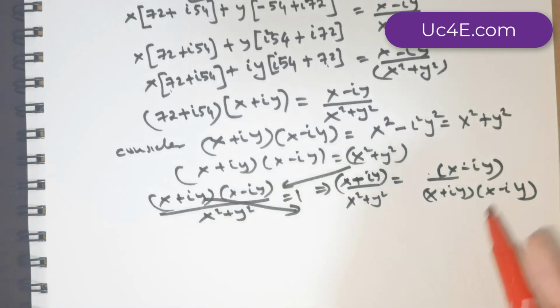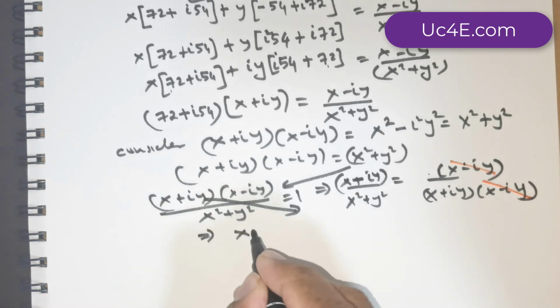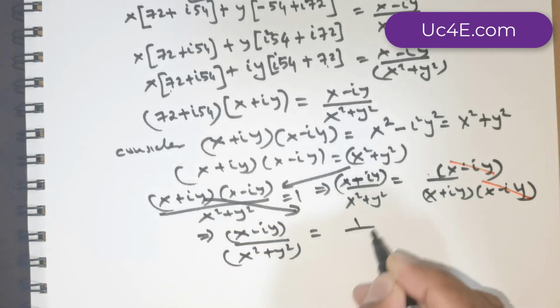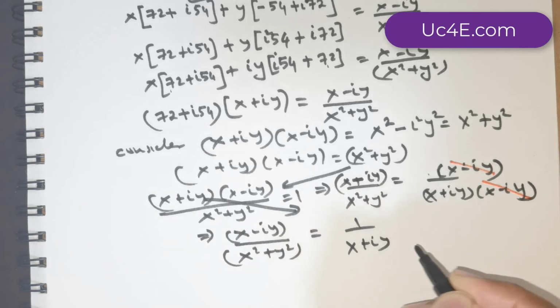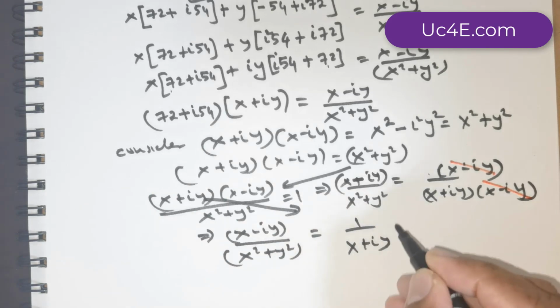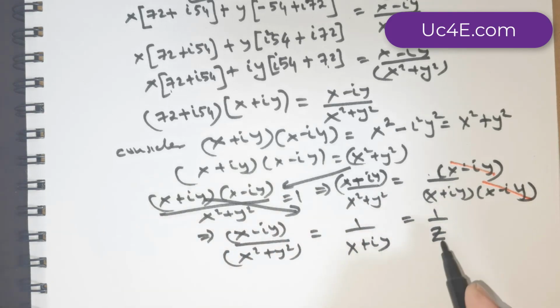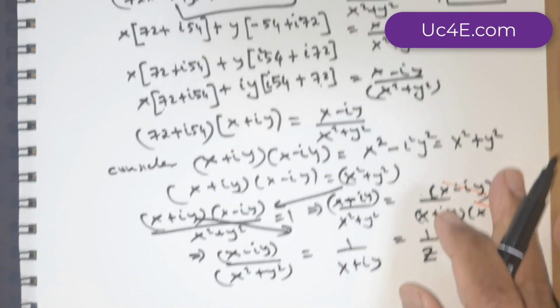I want to get rid of this term. So I would now have (x - iy) divided by x² + y² is equal to 1 over (x + iy). Now what is this x + iy? This is 1 over z. So in place of this term I can utilize 1 over z.